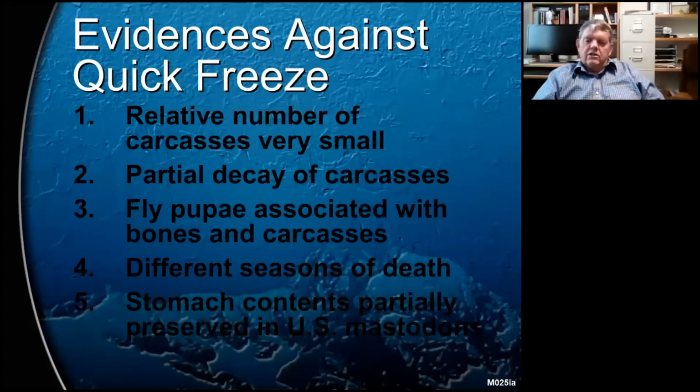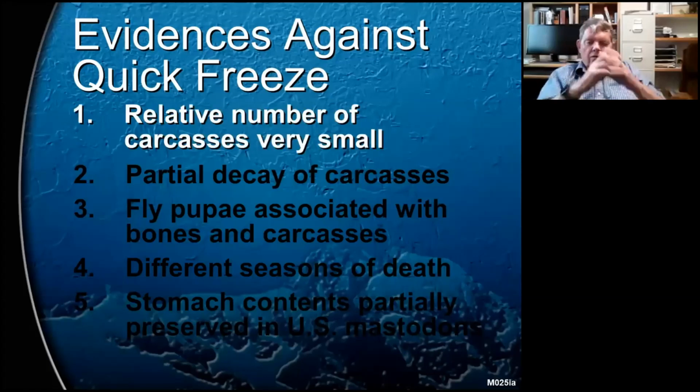And there's evidence against the quick freeze. First of all, you've got to keep it in context. The number of carcasses that would be frozen is relatively small. It's probably less than 100, and a lot of them aren't even whole carcasses. In fact, the way some of them define a carcass is any scrap of soft flesh.